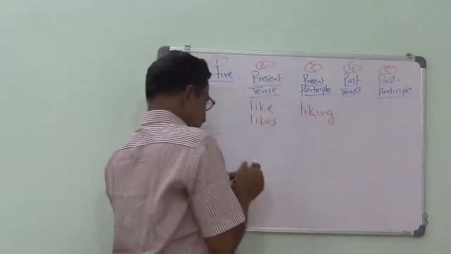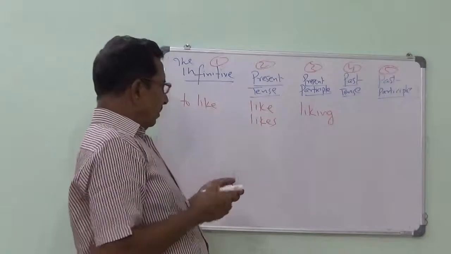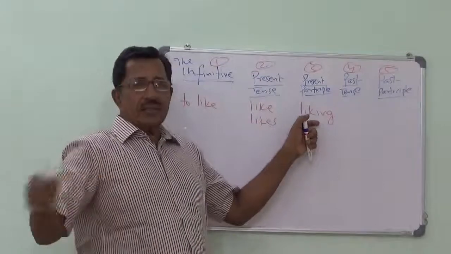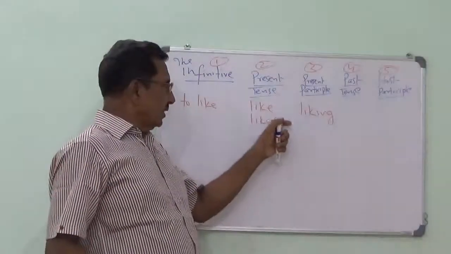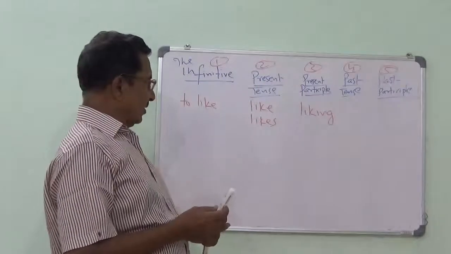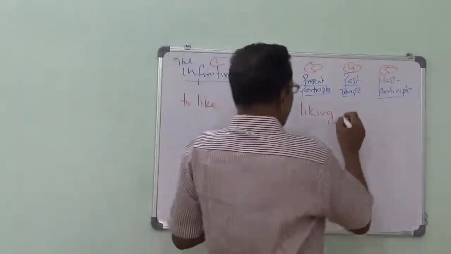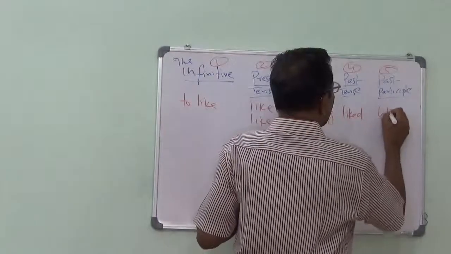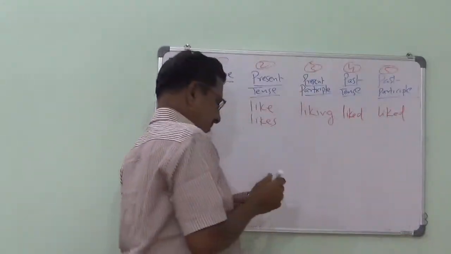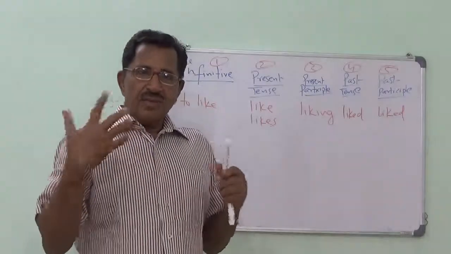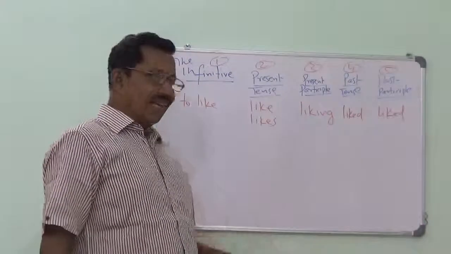When you add ing to a verb, if there is e at the end of the verb, that will disappear, because otherwise you cannot write liking. That's all. Past tense liked and past participle liked. Look at this. Now let us see an example for a verb without e.